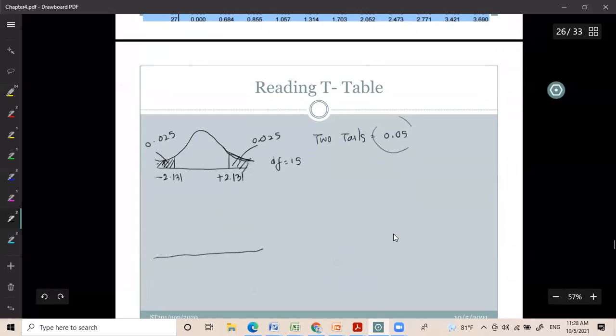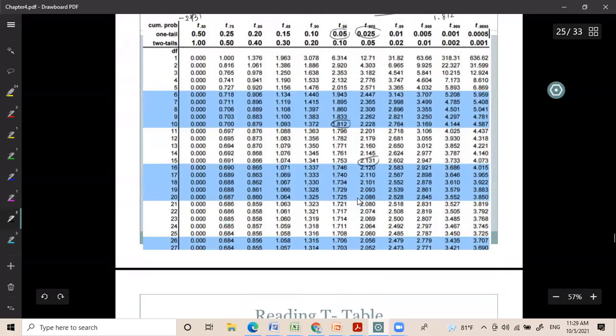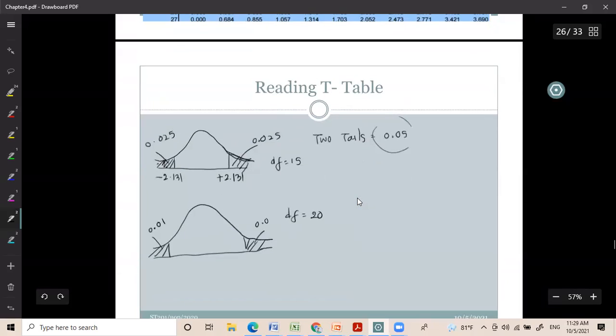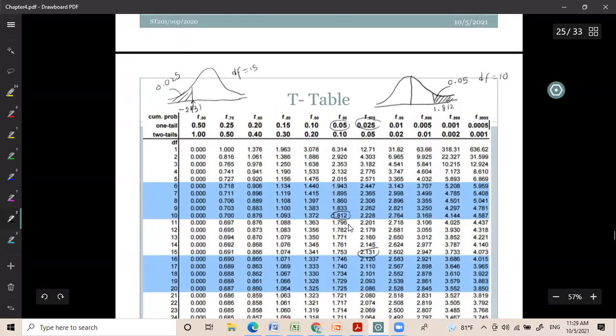Okay, shall we try another one? Can you find this one? Degrees of freedom, let's say 20. I want each tail to be 0.01. Each tail is 0.01. Can you find this T value? Plus or minus? So when you find the value, please let me know.